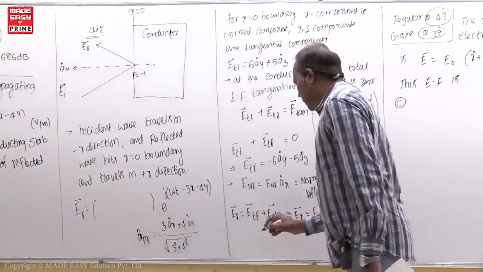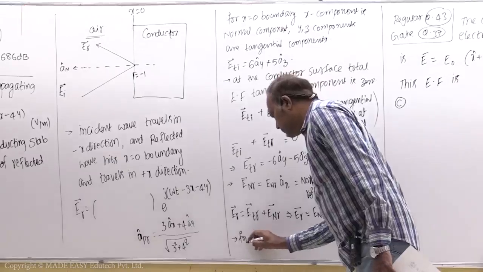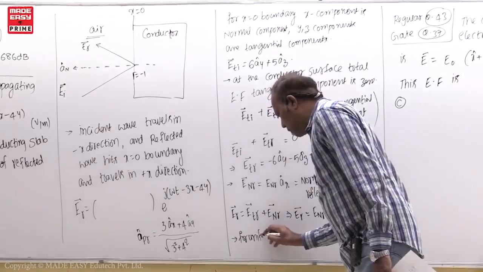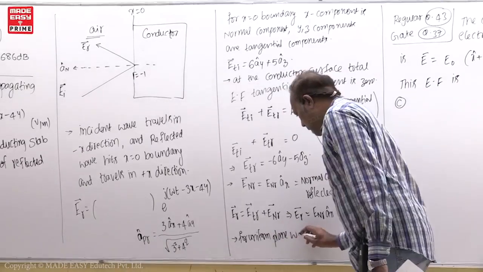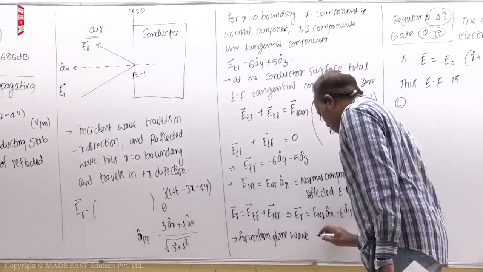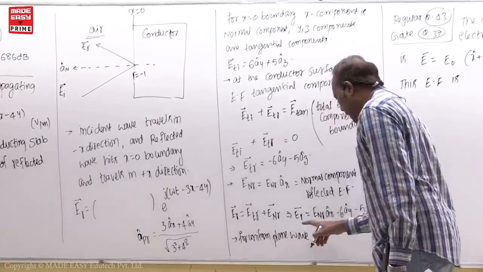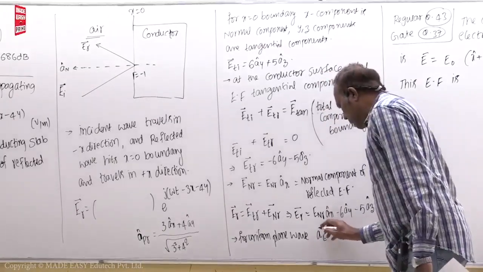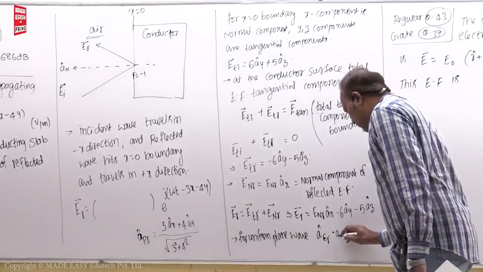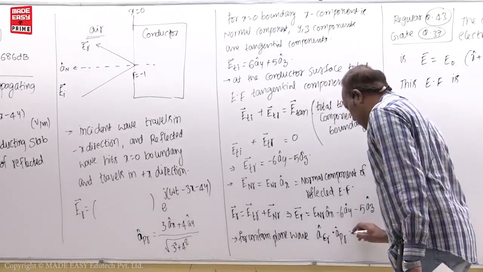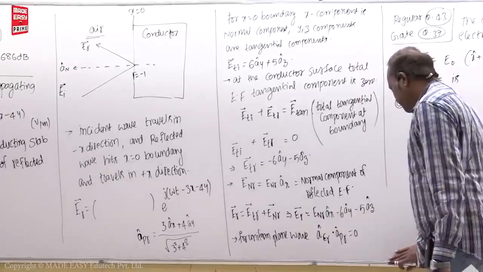So you know that for a uniform plane wave, the dot product of the electric field unit vector for the reflected wave and the power flow unit vector for the reflected wave is 0.